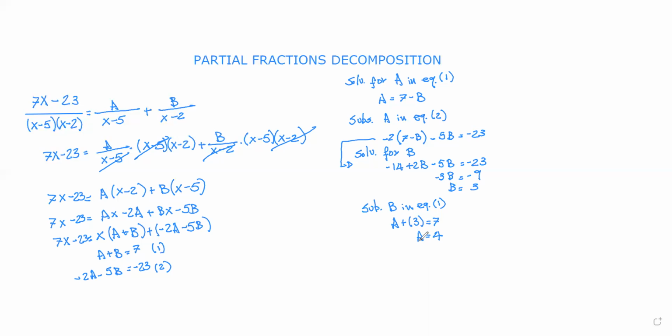And right now we'll just have to substitute A and B in this right here. So we'll have 4 over x minus 5 plus B, that is 3, on top of x minus 2.